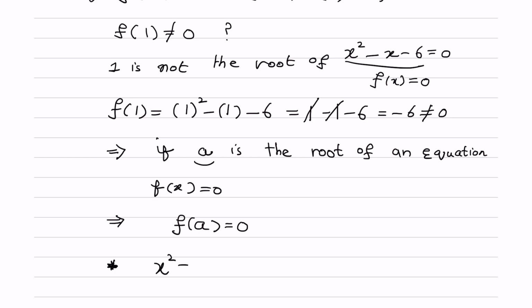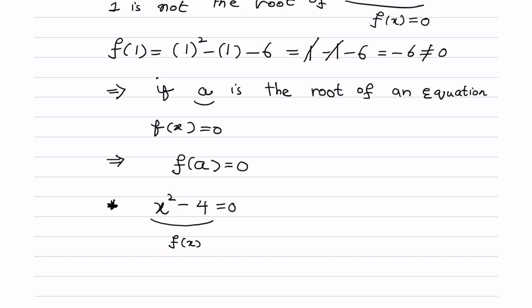Let's consider a very simple example. x square minus 4 equal to 0. Let's call this x square minus 4 as f of x. So we have f of x equal to x square minus 4.